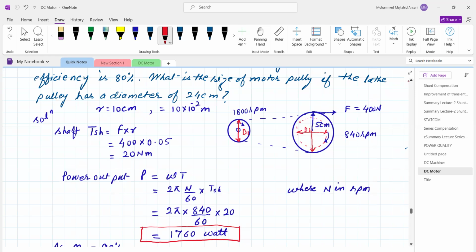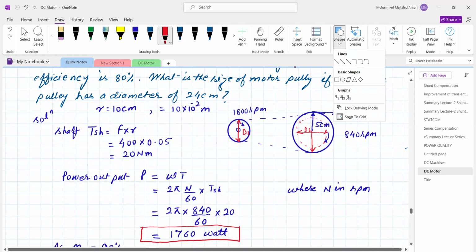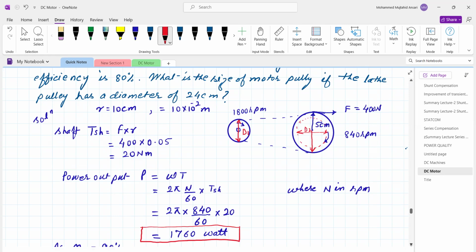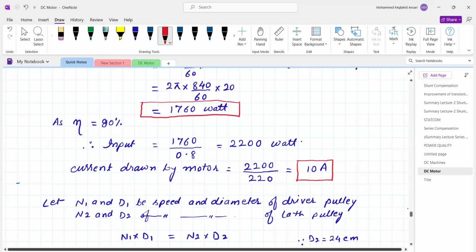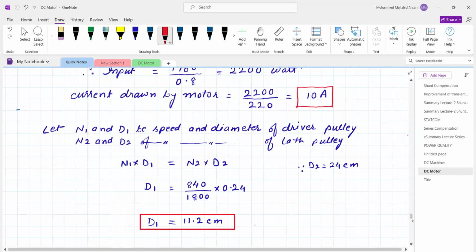The driver pulley is going to complete 1800 and D2 is 24. We have considered D2 as the 24 one. So definitely here D1 is small, so our assumption is correct.